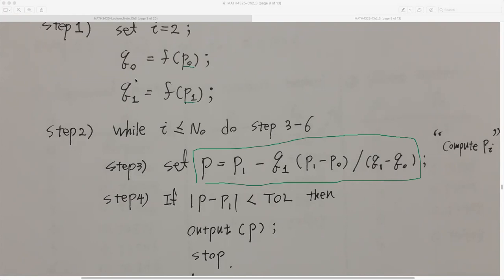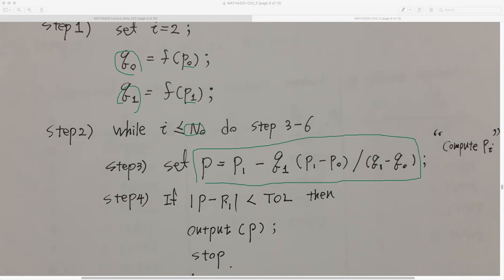All right, and then we evaluate function f at those initial approximations, saying Q0, Q1. Then n sub 0 must be the maximum number of iterations. Then we evaluate p. Actually, that p means P3, right? In the first iteration, we find a P3, right? So this is the formula right there.